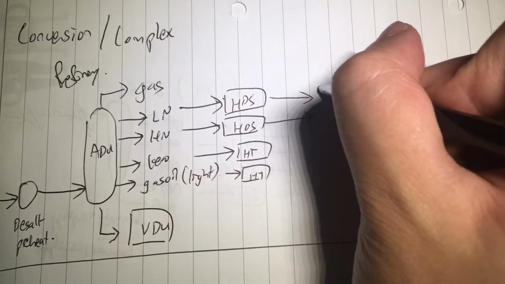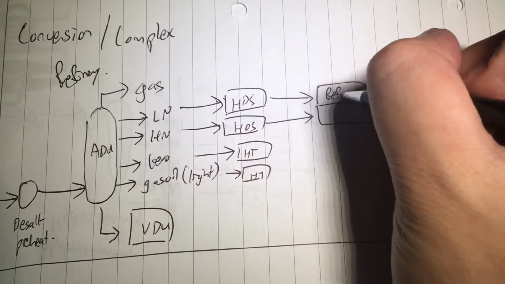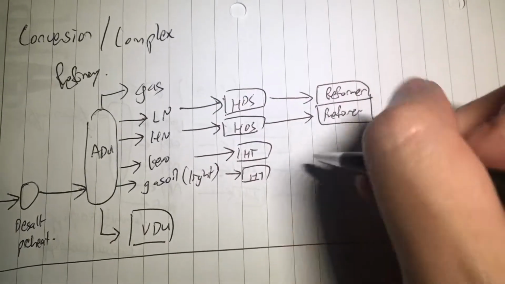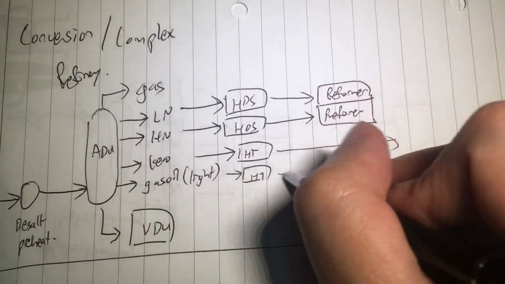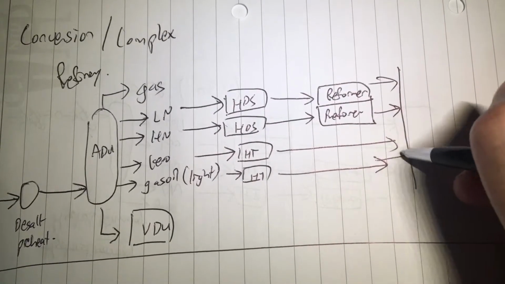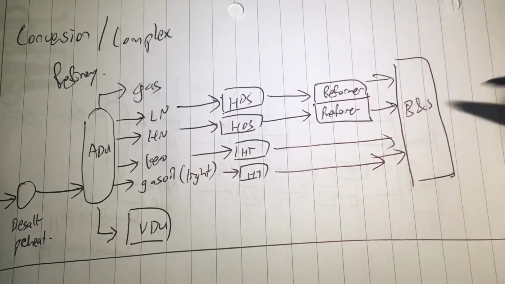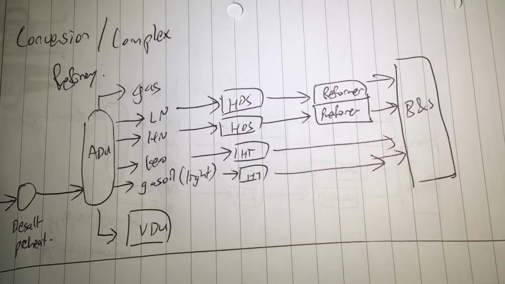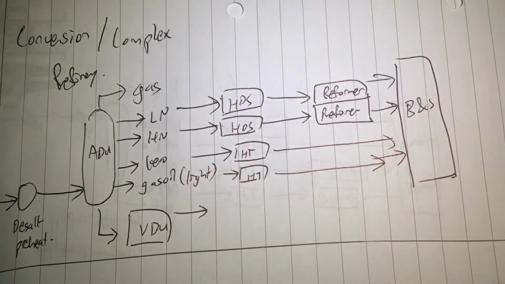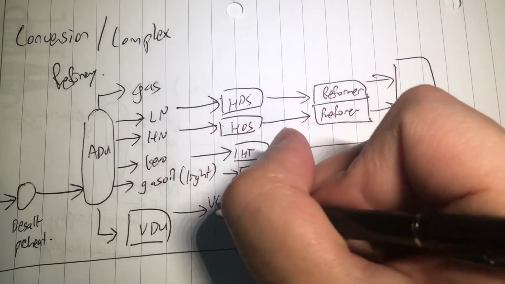And then you send these guys back. I'm just going to draw it as one box now, for simplicity. And of course, I'll have blending and storage. I just call it BNS so that it can be sold to the end user. And here you have the vacuum gas oil cuts. Sometimes they call it waxy distillate.